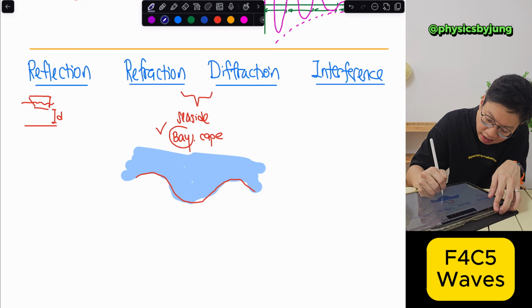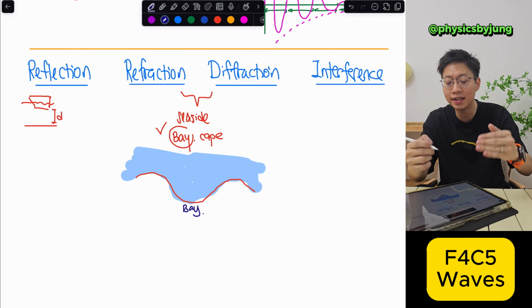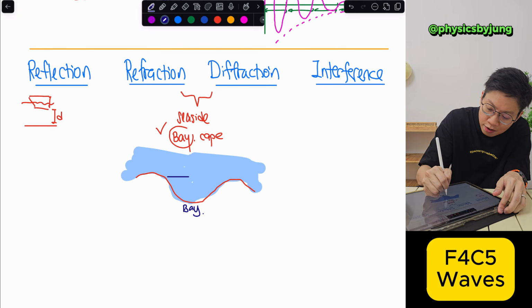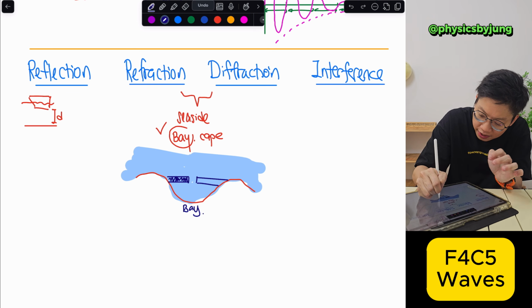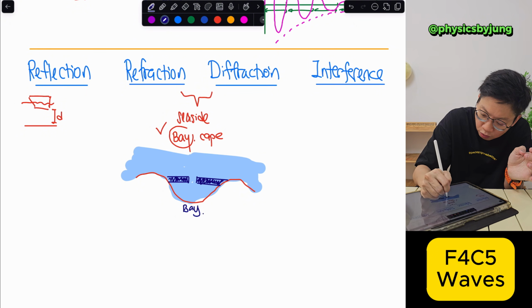The bay is curved inwards at this point, and if I want to make sure the bay here is even calmer, I will build a retaining wall, also known as a wave breaker, to protect the bay from strong waves and also to prevent soil erosion.